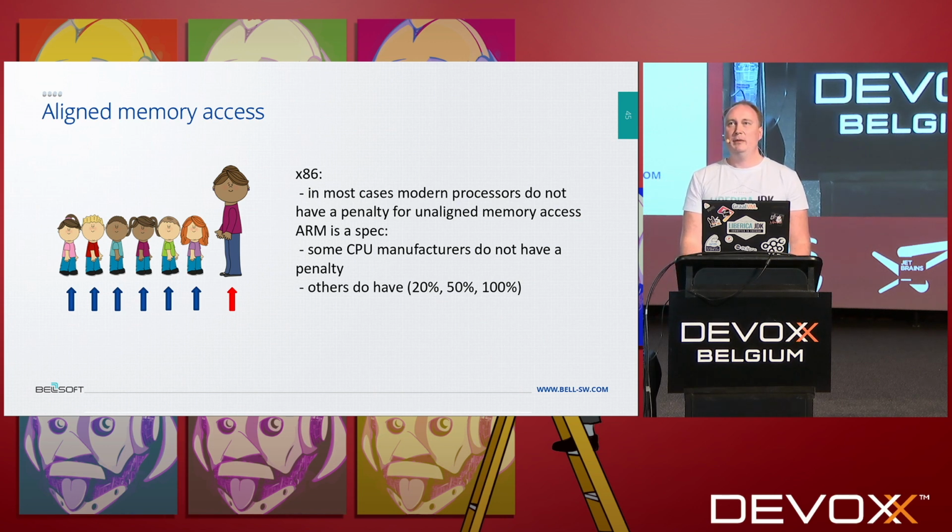And that penalty may be quite high. It's not covered by the specification. It's a matter of your hardware vendor, and vendors are different. They implement hardware the way they like. So all you can do is benchmarking and trying to do your best.